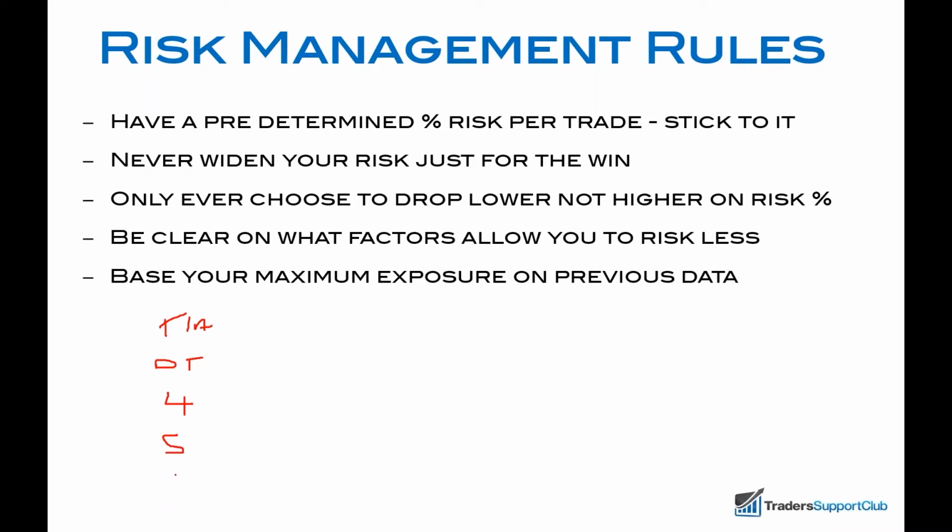And I know that if all of those trades, remember worst case scenario, were to lose in one day, how would I feel about those 5 trades losing at 0.5% or 1%? So that expectation and that maximum exposure is based on the numbers, but also what that trader can cope with.